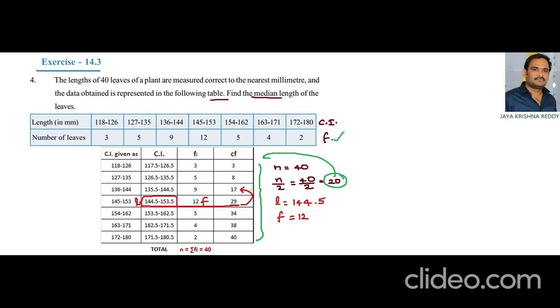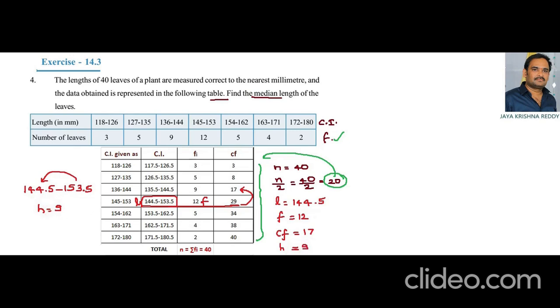CF from the preceding of the median class, CF equals 17. And what is the height H value? H means our class interval, the median class is 144.5 to 153.5. What is the difference of these two numbers? 153.5 minus 144.5 is 9. So that is the height of the class interval, H equals 9.